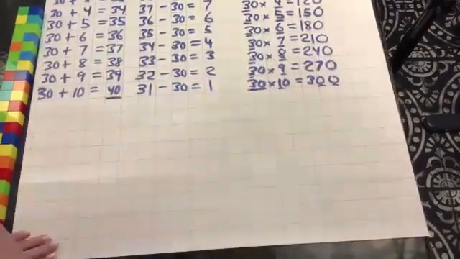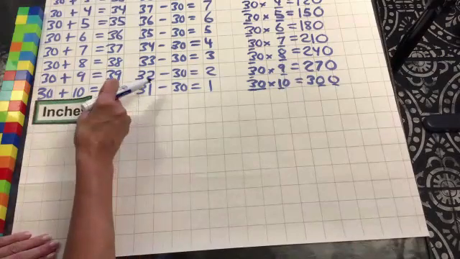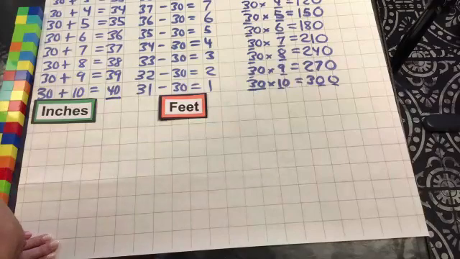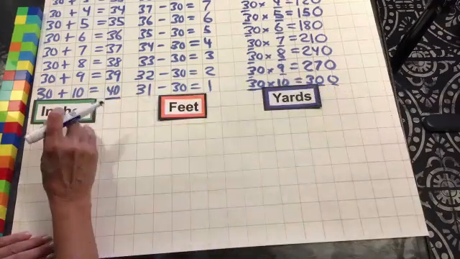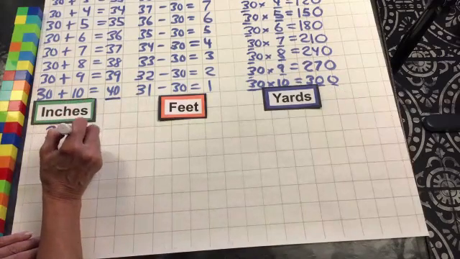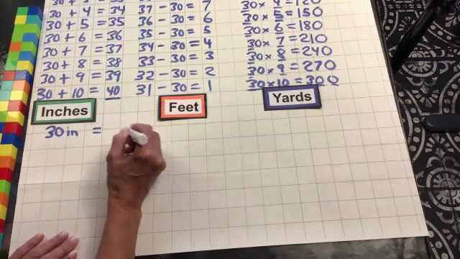So I'll move my paper up for our linear length measurement in standard form: feet, inches, and yards. Today we have 30 inches, which equals, and remember we're putting that over 12.